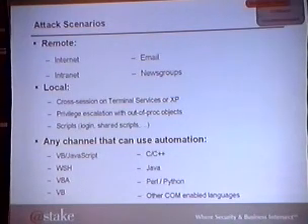Also locally, you can do cross-session attacks through terminal services or XP through concurrent users being logged onto the same box. Privilege escalation, some COM servers or object servers are actually running in different user spaces. You can also add your attack to login scripts on domains and things like that.